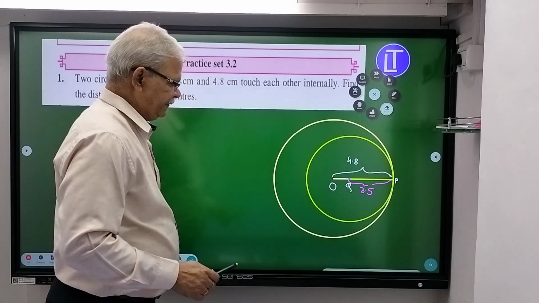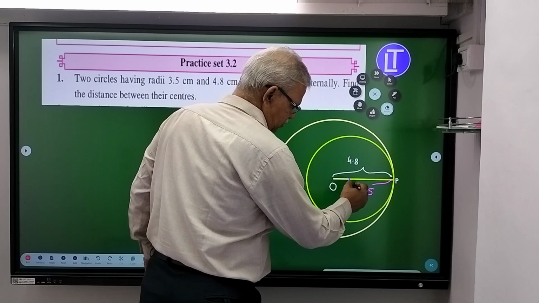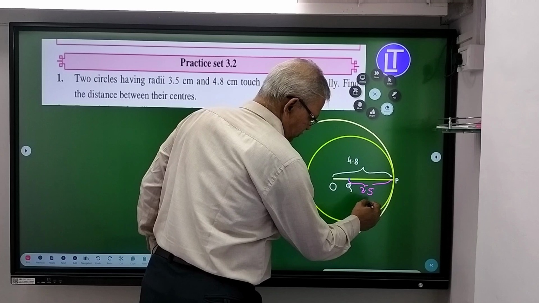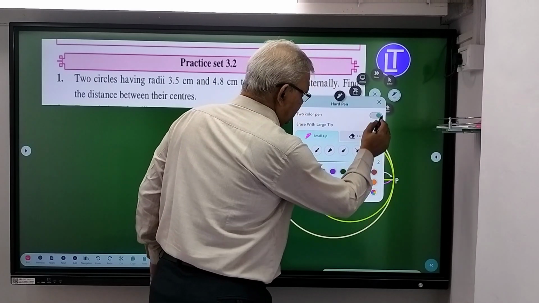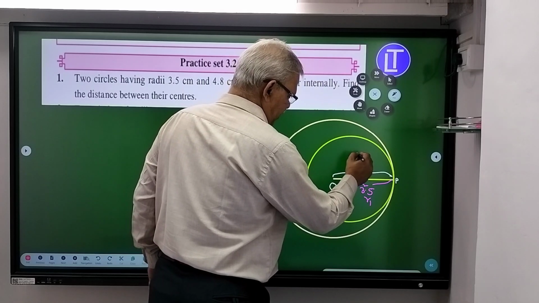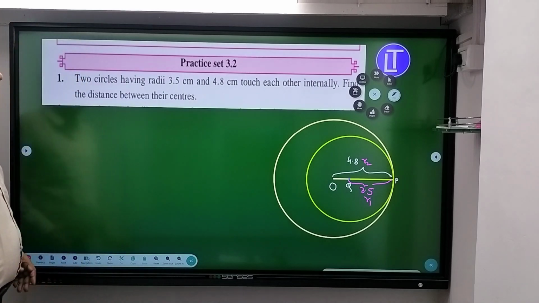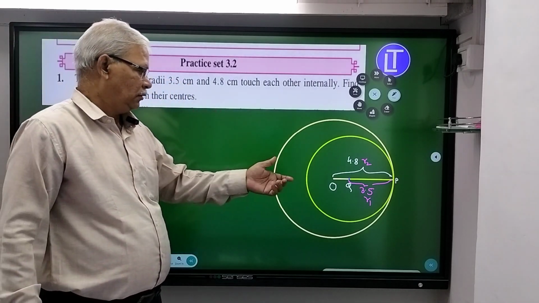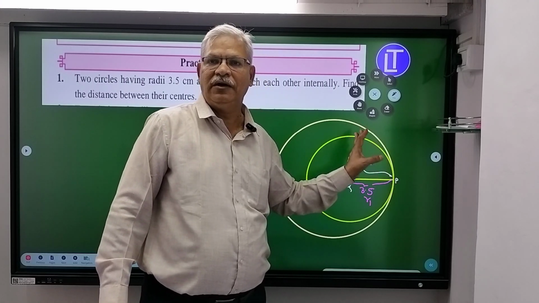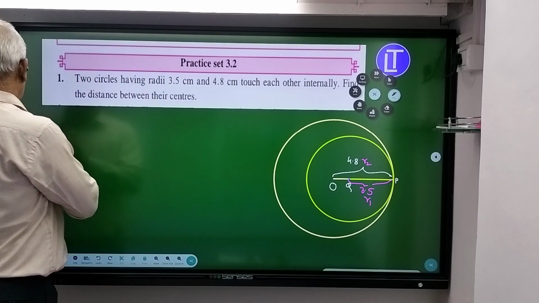Now let this radius 3.5 be equal to R1, and this 4.8 be equal to R2. The points O and P are not given, therefore you have to consider them.